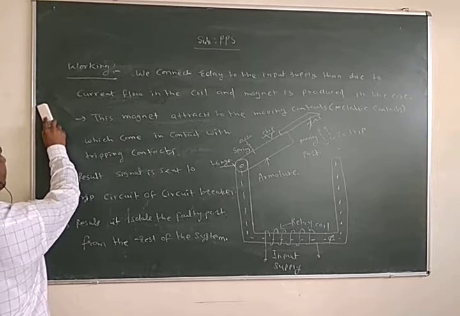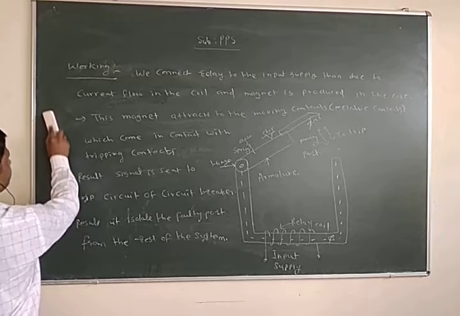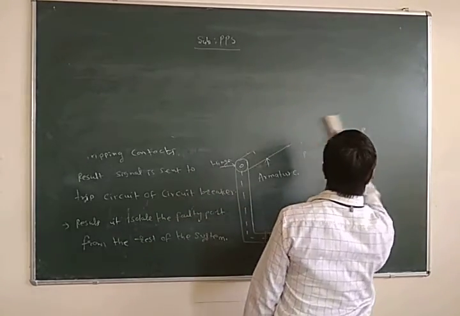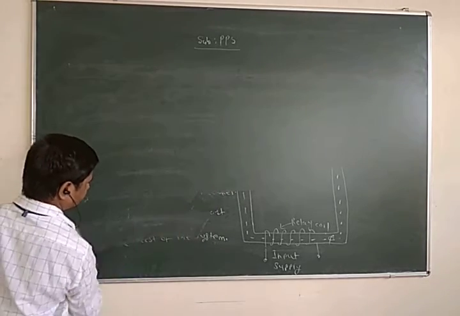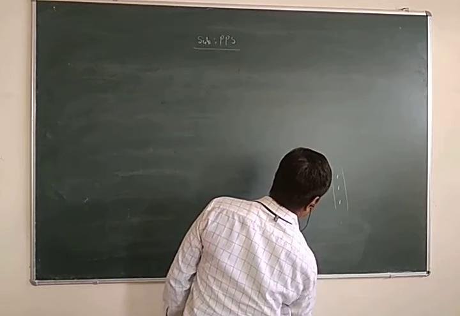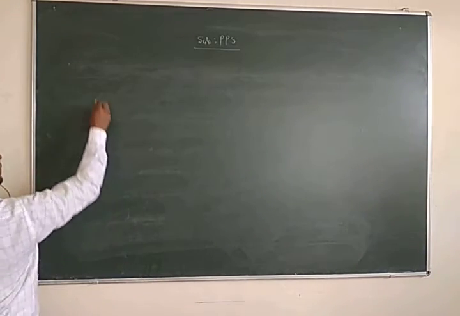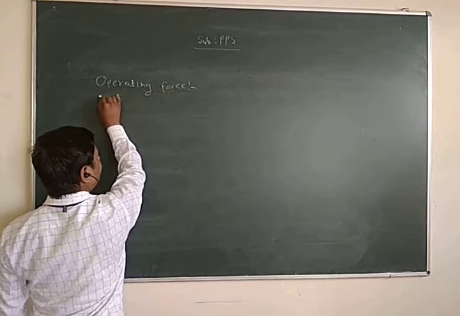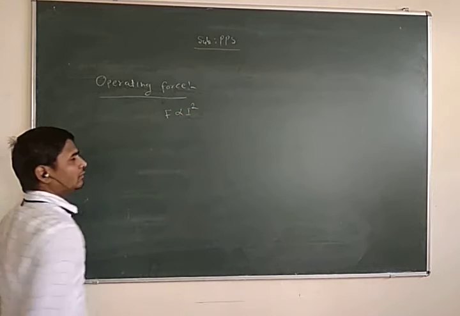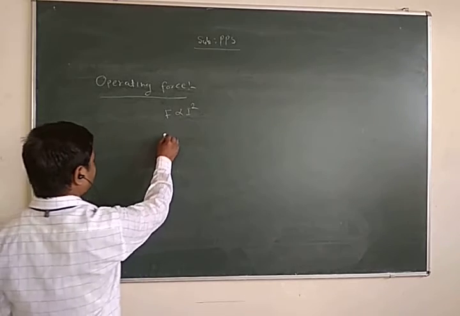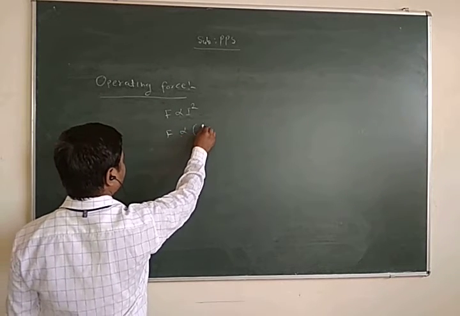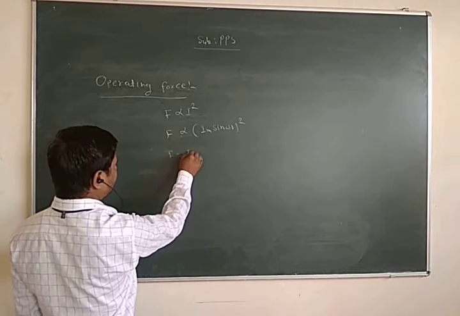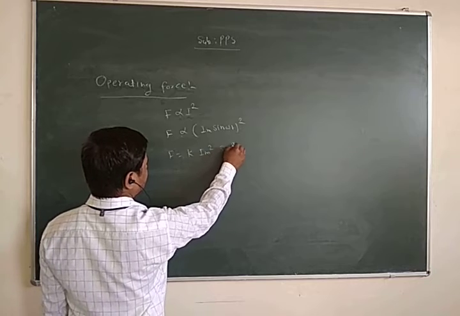So simply, the operating force F is directly proportional to the square of the current, or if the supply is AC, then it is directly proportional to (Im sin omega t) square, or F is equal to K Im square sin square omega t.